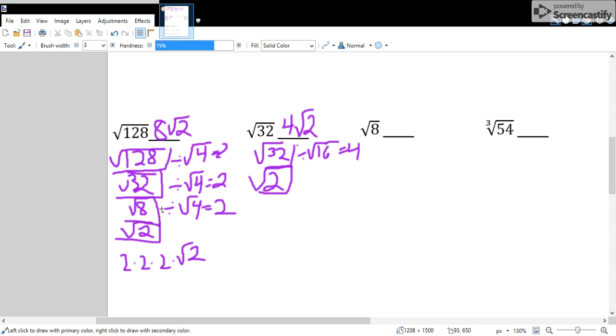You could also show each step by step like in this previous one. How about the square root of 8? Can 4 go into that? Yes. 8 divided by 4 is 2. So our answer is 2 radical 2.